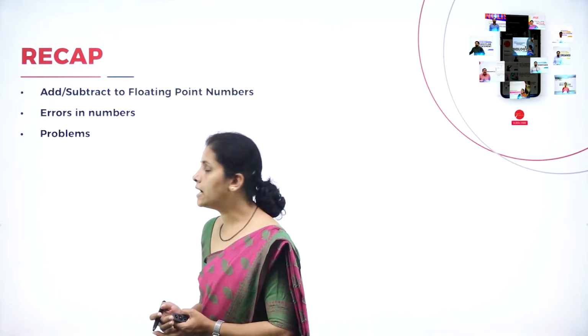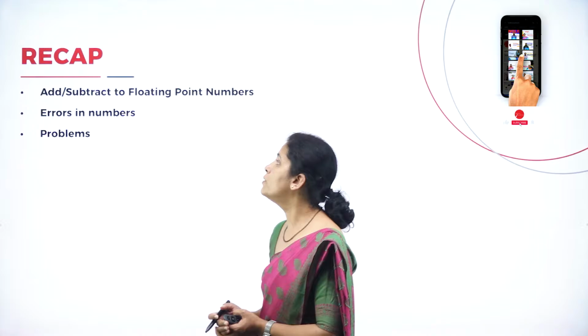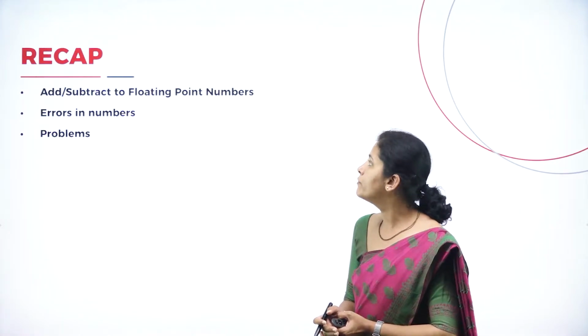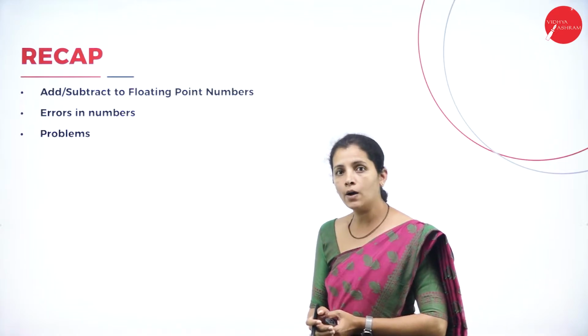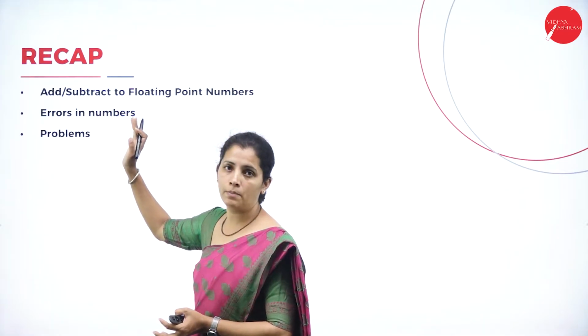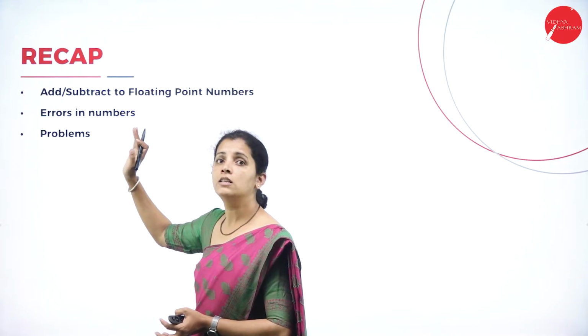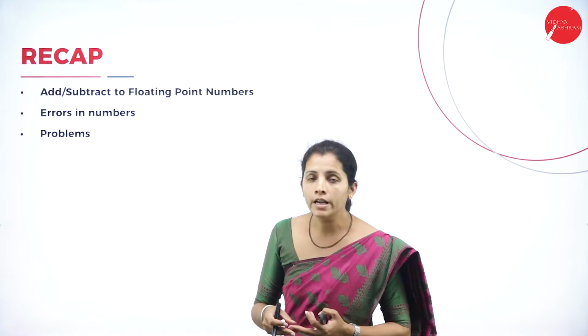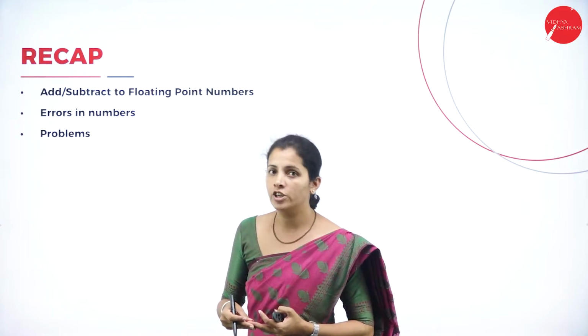So dear student, I started with how to perform addition as well as subtraction of floating point numbers. Along with that, I have covered errors in numbers. There are three types of errors: absolute error, relative error and percentage error.